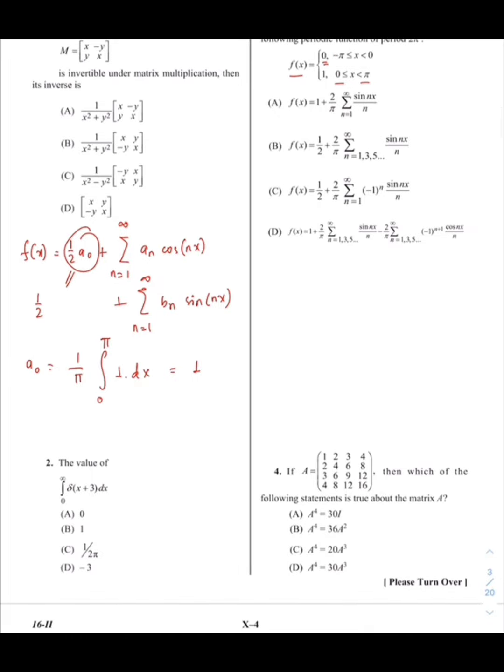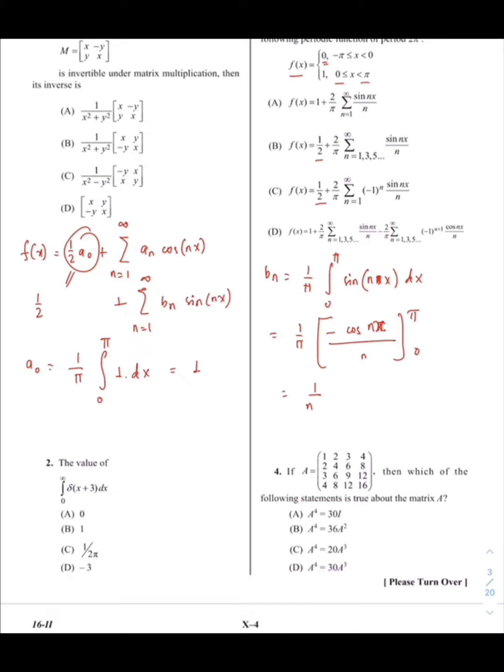So let's look at the options. So either B or C would be correct. So let's find b of n. b of n is given by 1 by pi integral from 0 to pi of sin nx dx, and the integral is equal to minus cos nx divided by n.